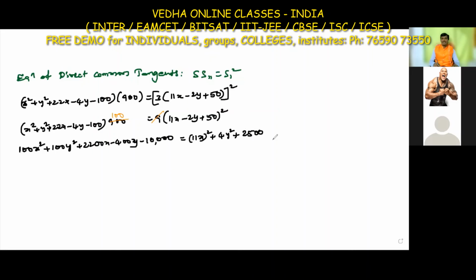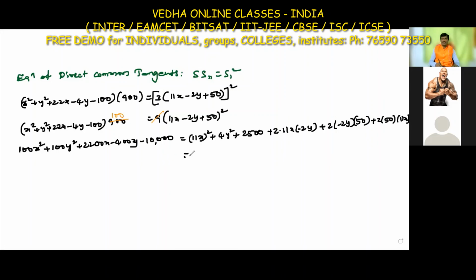Then 2ab, 2bc and 2ca, with 2 into c as 50 and a as 11x.